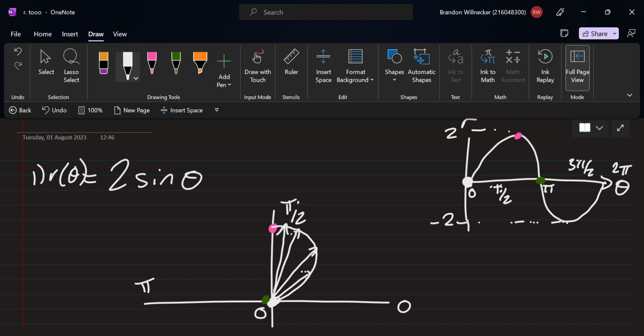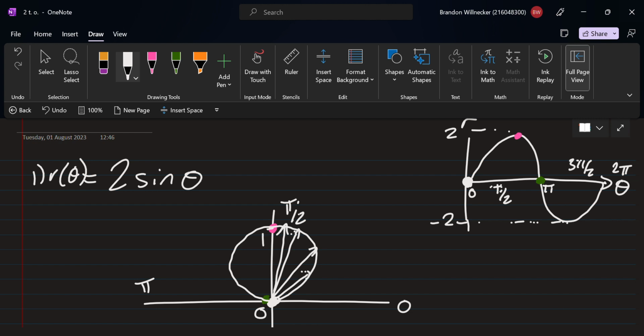For this next part, from pi over 2, the vertical point, down to pi, the distance is decreasing. The distance starts out at 2. As the angle increases to pi, the distance gets smaller and smaller. So we start here, the distance is still 2, and then it gets smaller and smaller as the angle approaches pi, and we end up back at the origin.